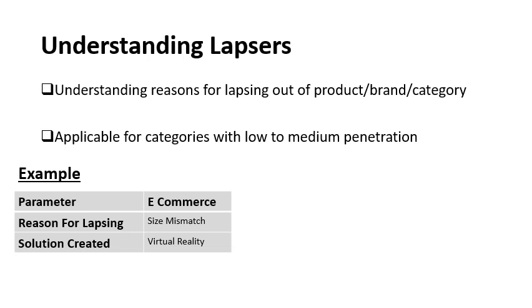So let's say e-commerce again. One of the reasons for lapsing, many people initially bought clothes, but then it was not matching. So what do you do? Of course, one was a return policy got introduced. So that particular reason for lapsing, or area of dissatisfaction, got overcome.